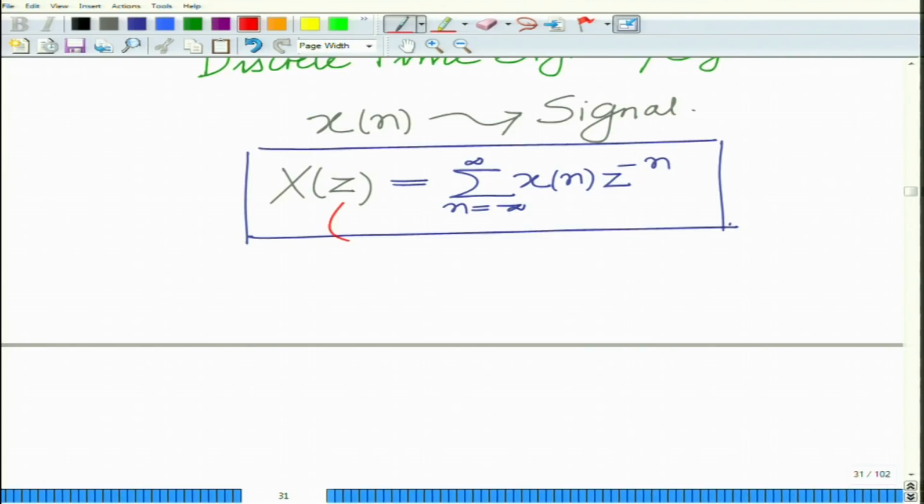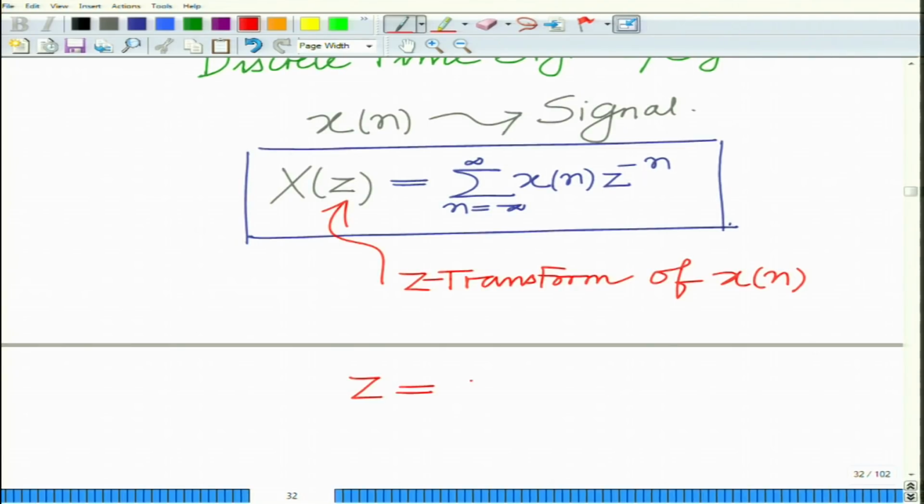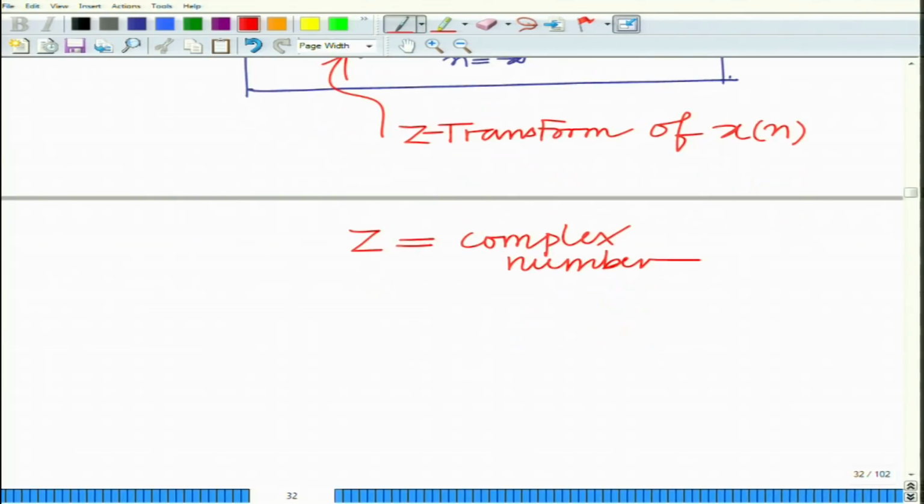Okay, so this is the definition of the Z transform of x[n], where z is a complex number and can be represented in terms of its polar coordinates, that is magnitude and phase, as r e to the power of j omega.